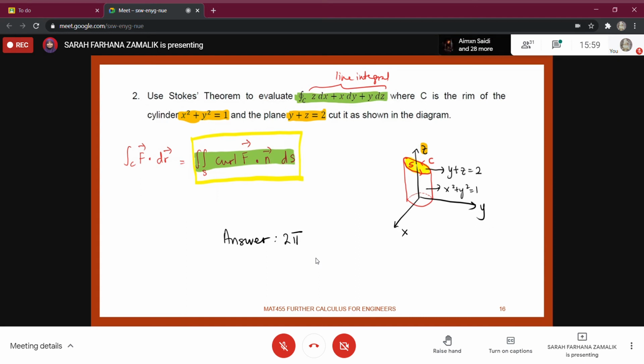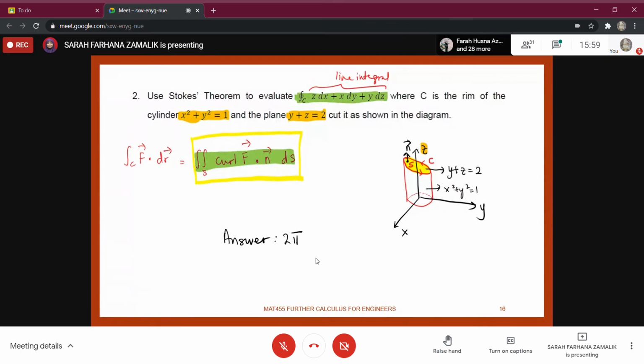So in this case, why is this one also your S? Look at our C. C is in the counterclockwise direction, so along your unit normal going upward, this is the surface that the unit normal is pointing to. That's why your S is y plus z equals 2. For question 2, you need to find this because the working is a bit long: find curl F, find N, find N dot K. It's a bit long, you do it yourself later. I'm just telling you where S is.